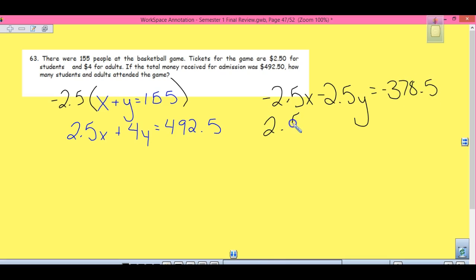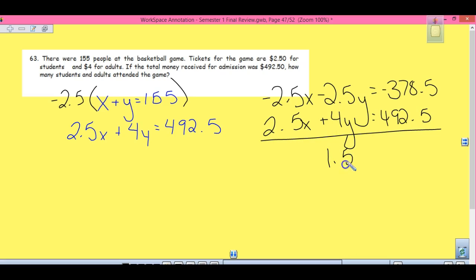On the bottom, I still have 2.5x plus 4y equals 492.5. So I end up with 1.5y equals 105. Divide by 1.5. Y equals 70.